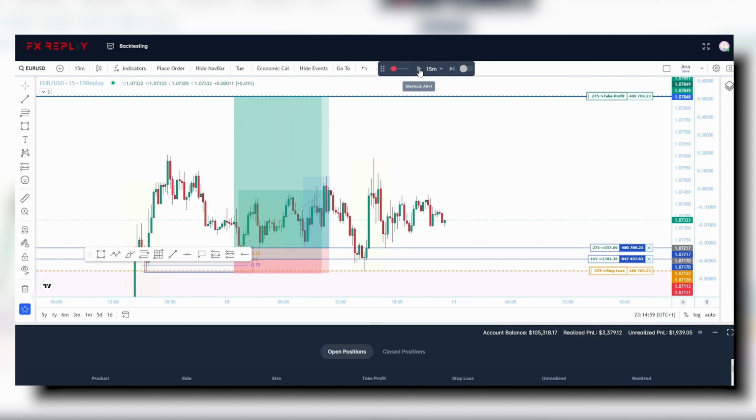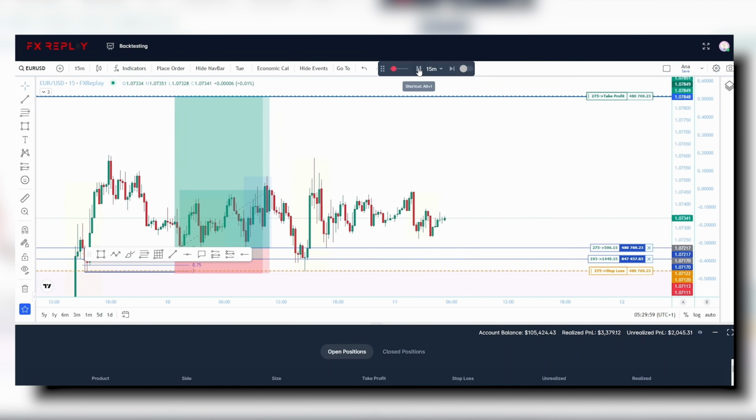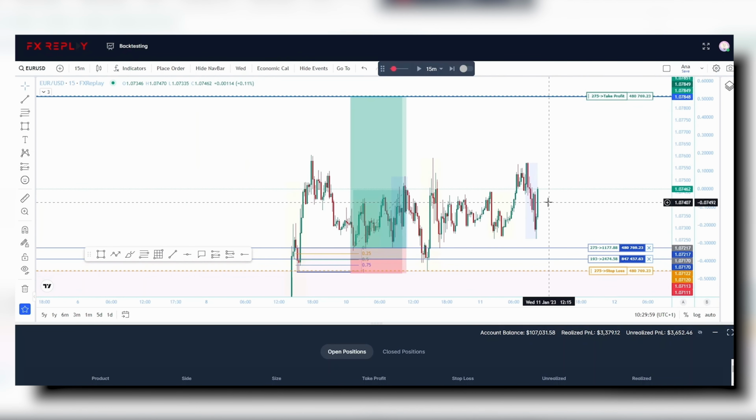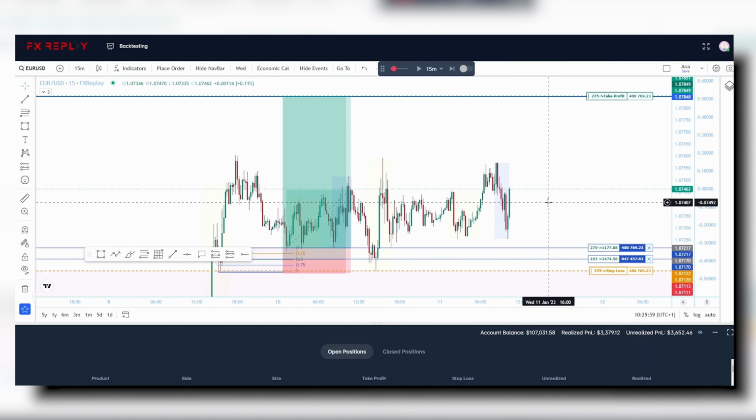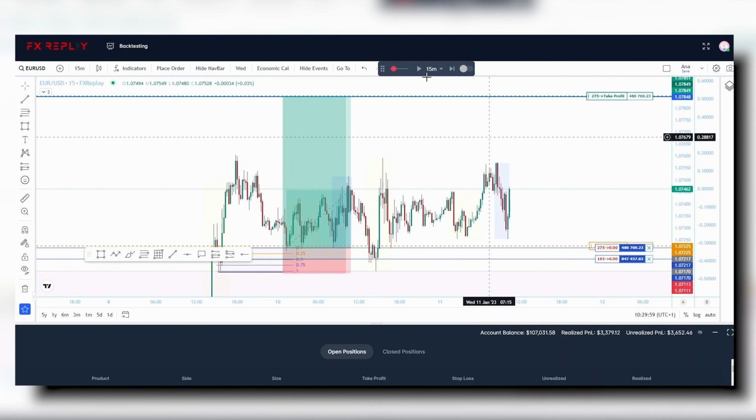Oh my god, this is so annoying. How long are we in this position? I don't think I would have held this position for so long, to be honest. Let me just move it to break even. I'm tired of it.